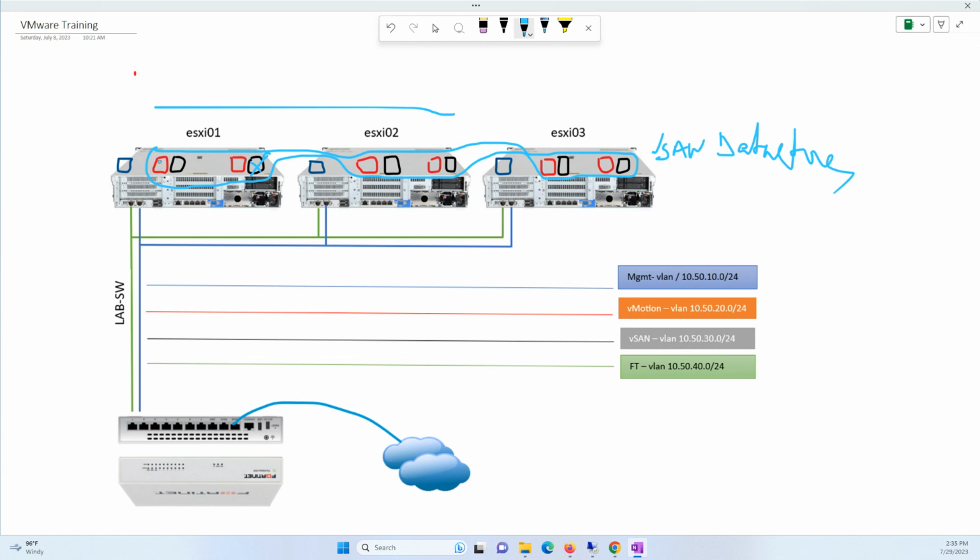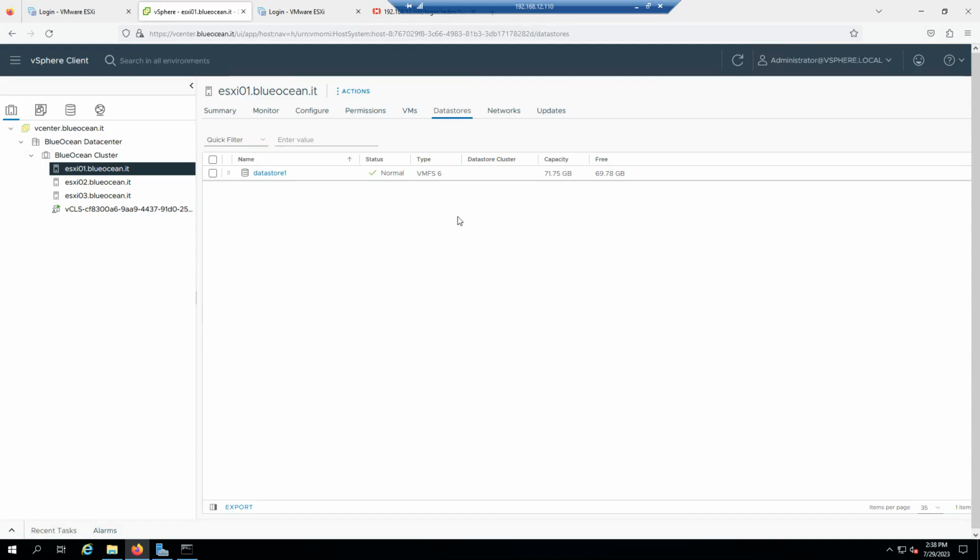I don't remember exactly, I think 10 or 12% of the capacity that you have to calculate. In our lab we have 300 for the cache tier, and for capacity we have 600.